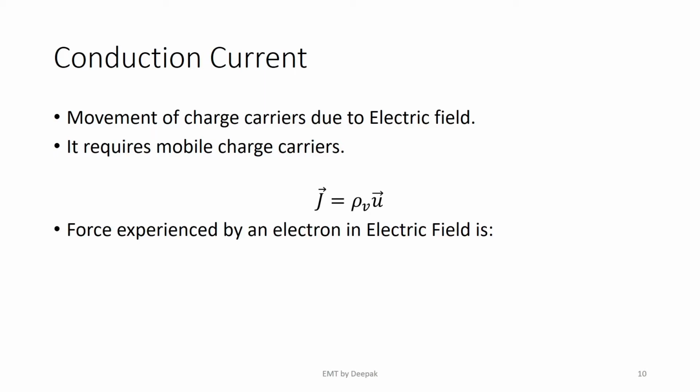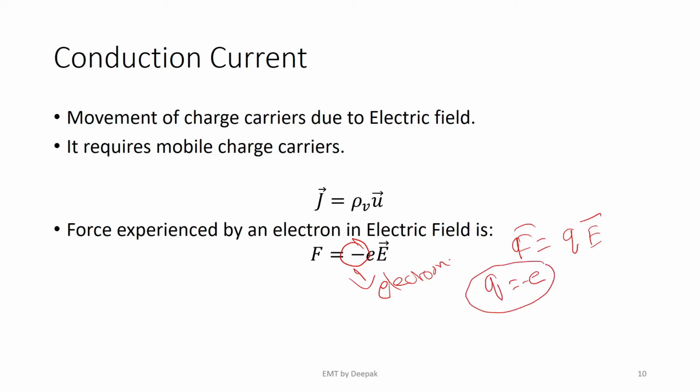Force experienced by an electron in electric field, we have already seen, F bar, the negative sign is to identify that we are discussing an electron. We know that F bar equals Q E bar. Now for an electron, Q equals minus e. Hence the force experienced by an electron in an electric field is minus e times E bar.